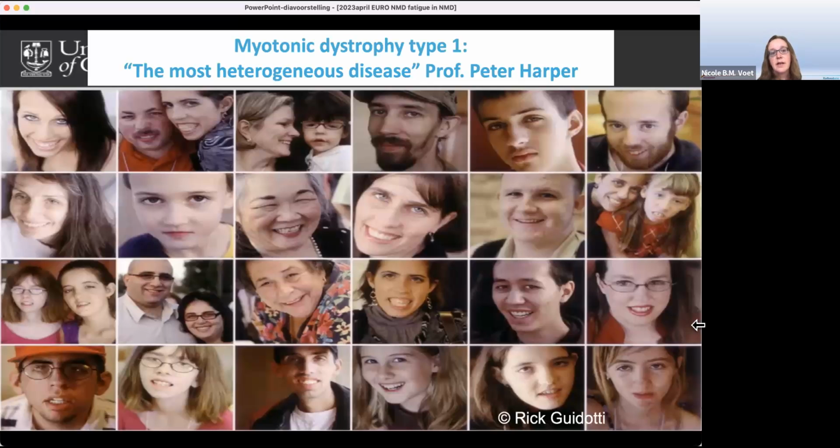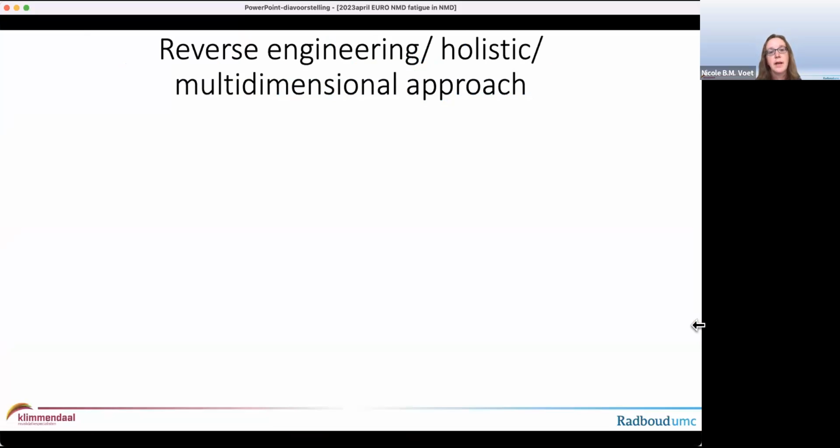So we were able to cure fatigue in maybe the most heterogeneous disease of NMD, myotonic dystrophy type 1. We were very happy with it. And what we saw is maybe a kind of a holistic multidimensional approach. We call that reverse engineering.